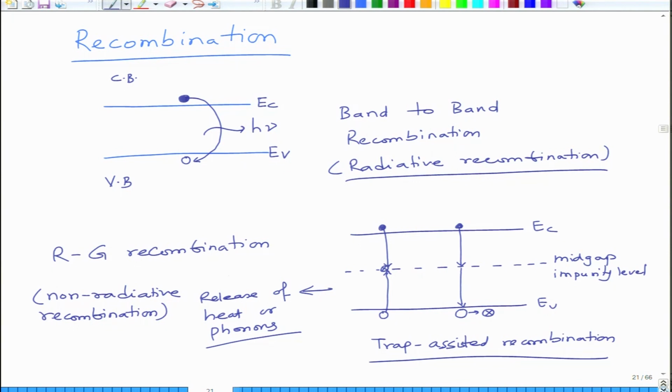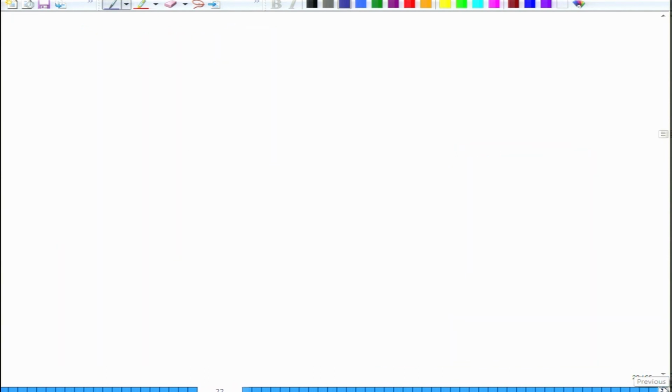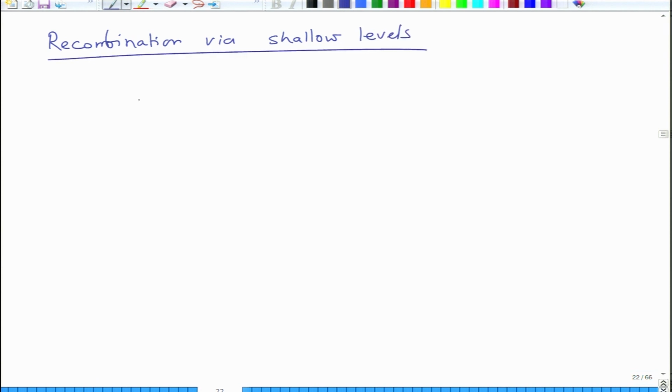And the third common mode is recombination via shallow levels. In this case, you have bands EC and EV, and you have trap levels which are sitting close to the conduction or valence band edge.